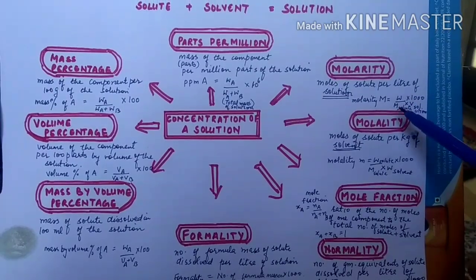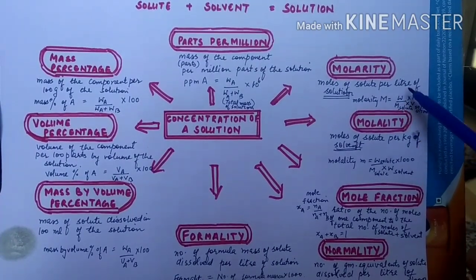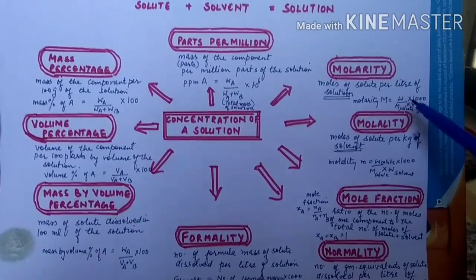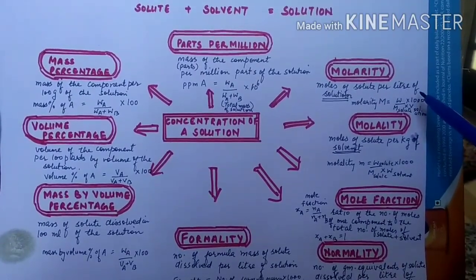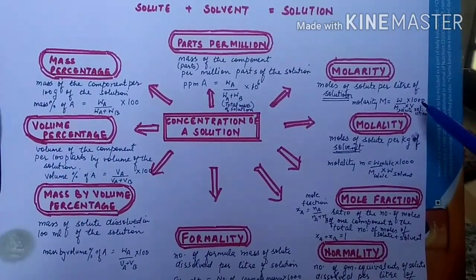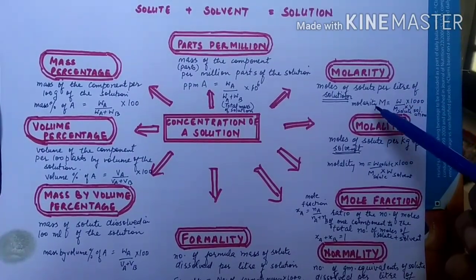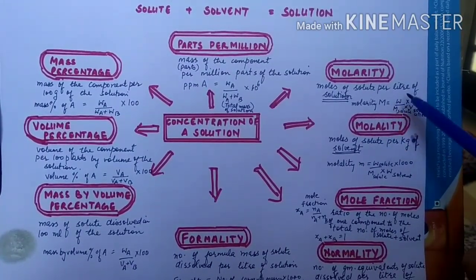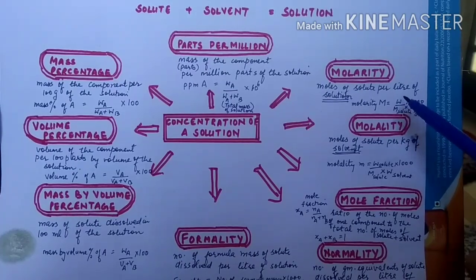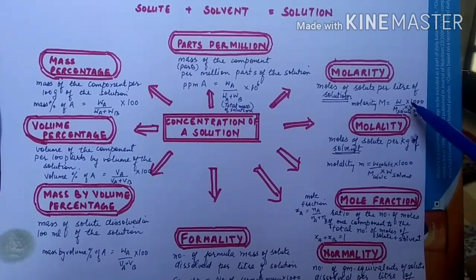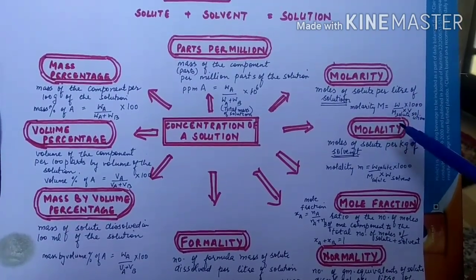W upon M gives you the number of moles, and V divided by 1000 will give you the volume in liters. Volume was in milliliters, we have converted into liters. So formula is molarity is equal to mass of solute upon molar mass into 1000 upon V.